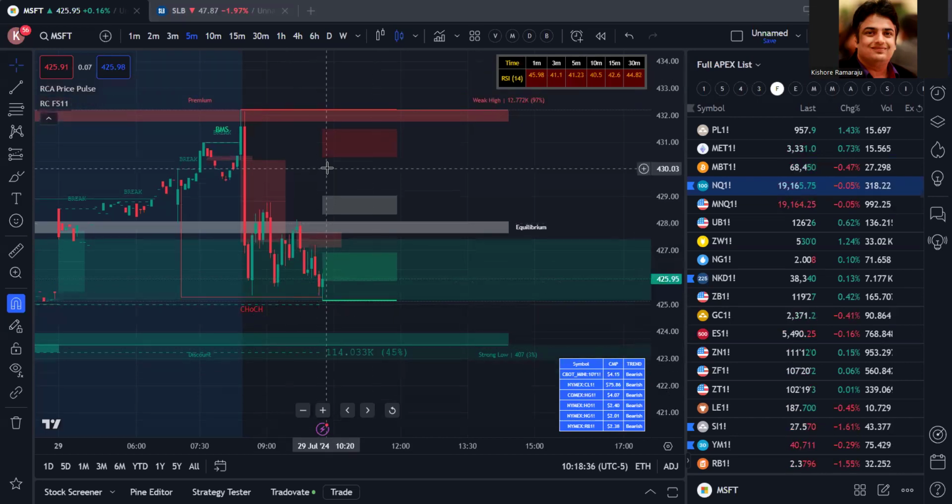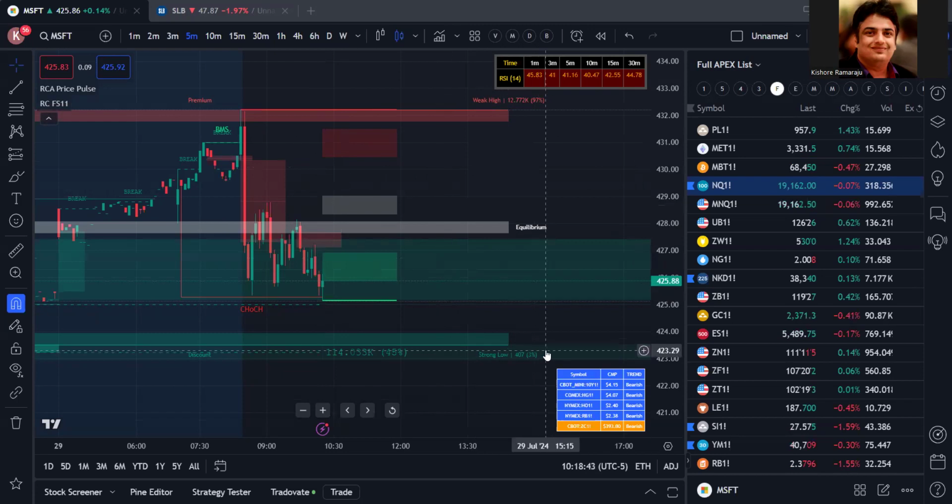That means if the stock goes above 427.5 by end of today, by tomorrow, we can collect nice premiums.